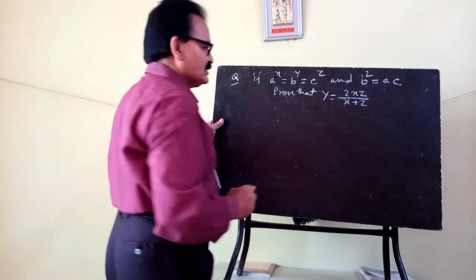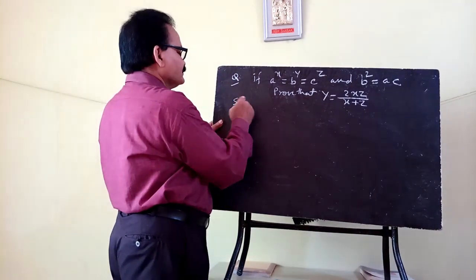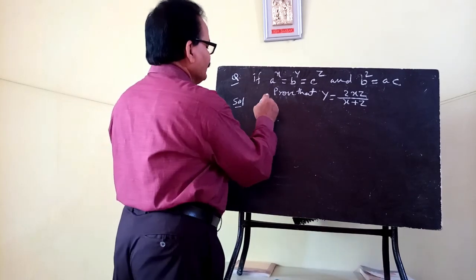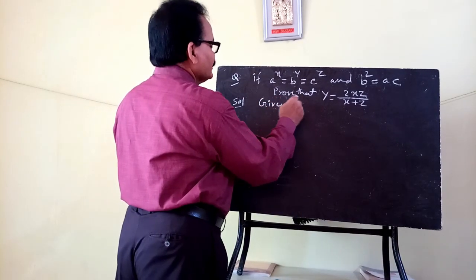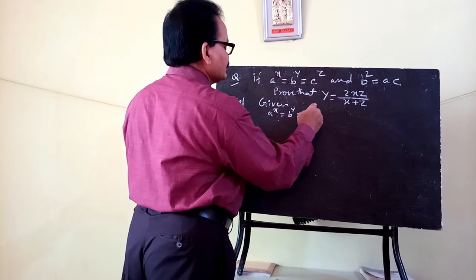Okay, this is your question. So now the solution. Here you see the given part is a to the power x equals b to the power y equals c to the power z.